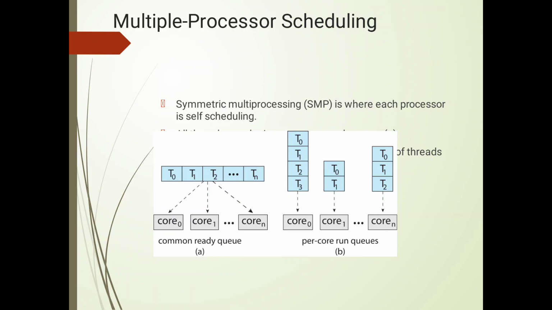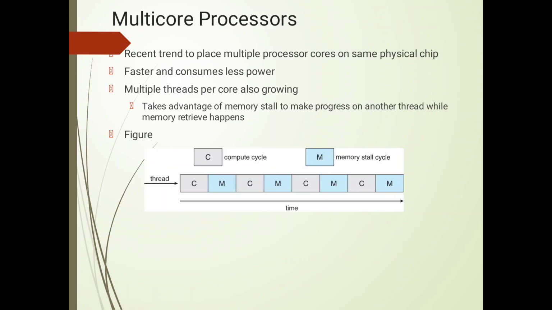In multiple processor scheduling, there is a common ready queue and a per-core run queue. In multi-core processors, the recent trend is to place multiple processor cores on the same physical chip, which is faster and consumes less power. Multiple threads per core are also growing.